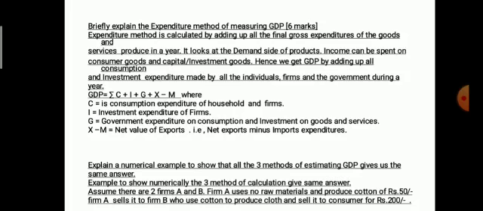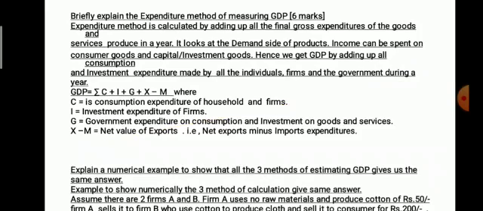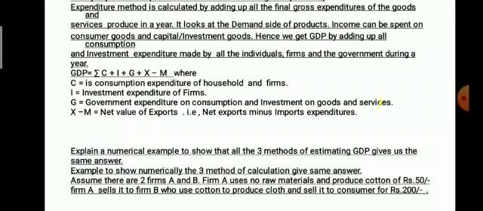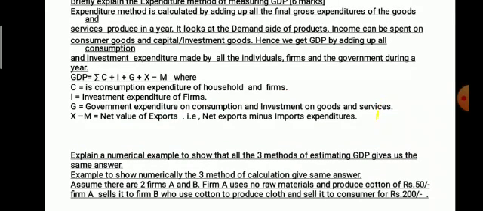GDP is therefore the summation of C plus I plus G plus X minus M, where you have to explain what C, I, G, and X minus M are. C is the consumption expenditure of households and firms.